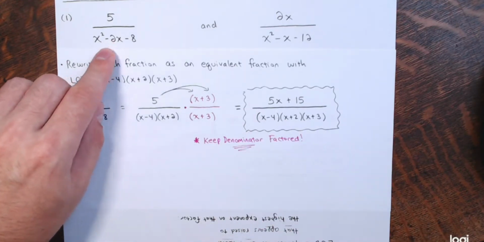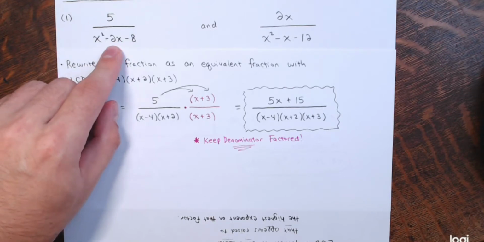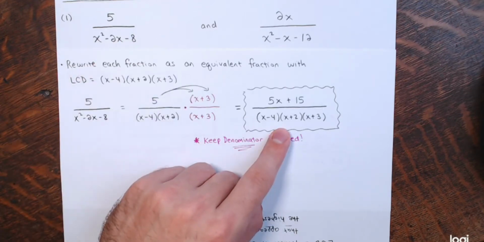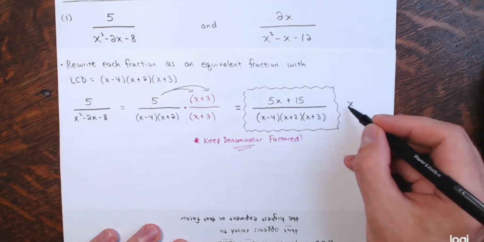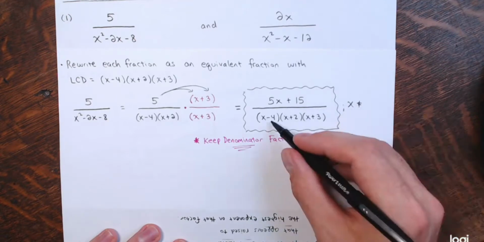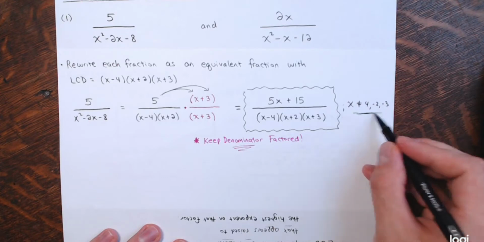So this fraction has the same value as this fraction, and you can check that by replacing x with anything. Obviously, you can't replace x with 4, -2, or -3, because that'll make you divide by 0.